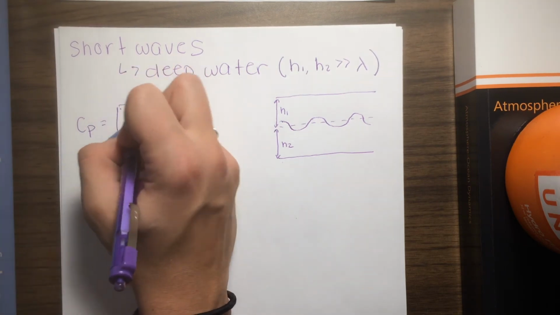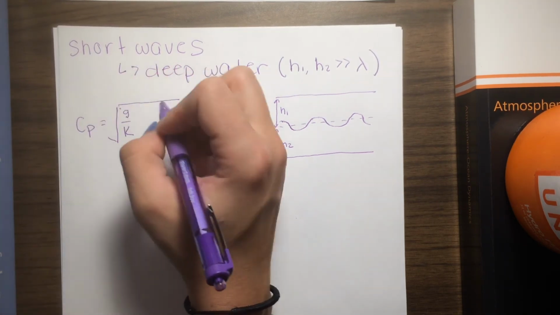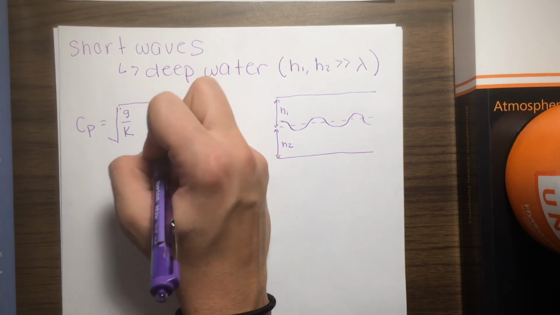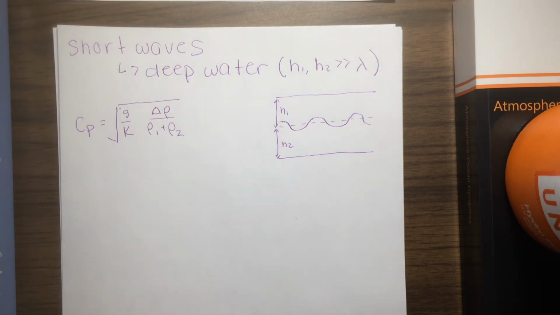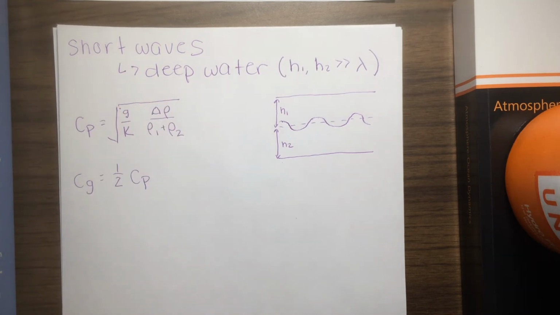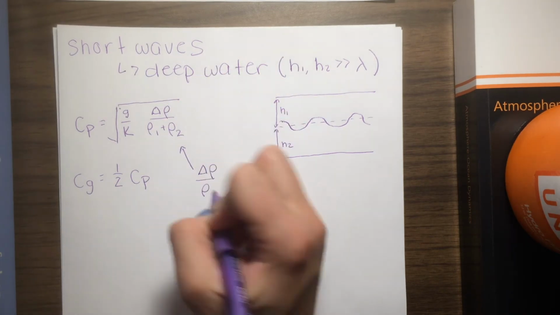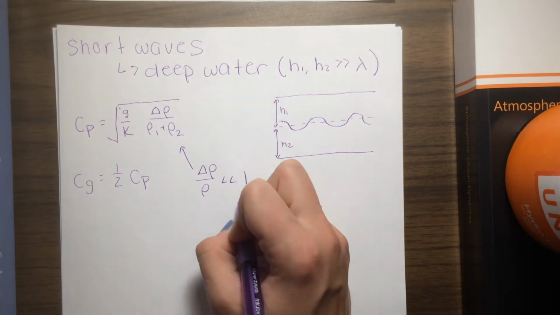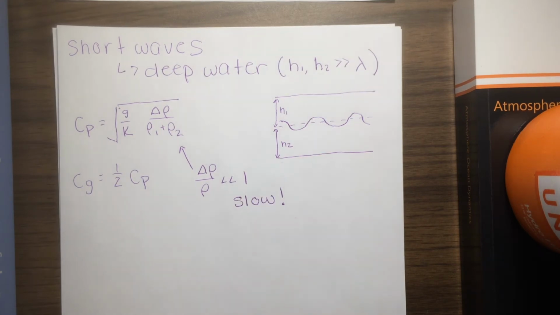In this case, the phase speed is equal to the square root of g over k times the change in density between the two layers over rho 1 plus rho 2. We note that the change in density over the density is going to be much less than 1, and again, we see that the phase speed of internal waves is going to be very slow. The group speed is again half the phase speed.